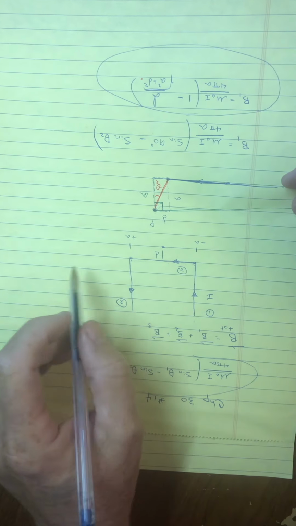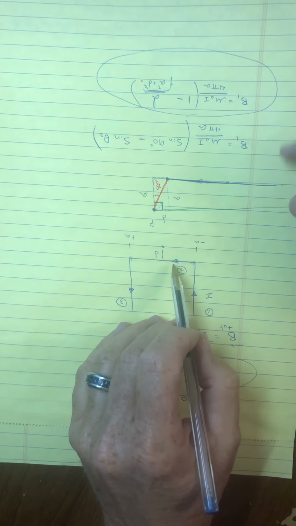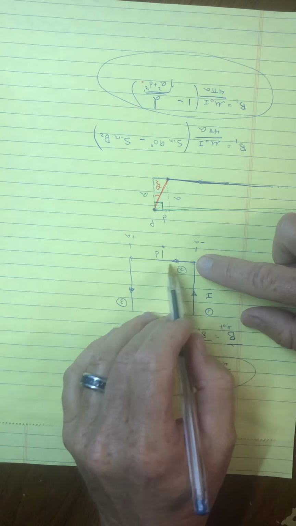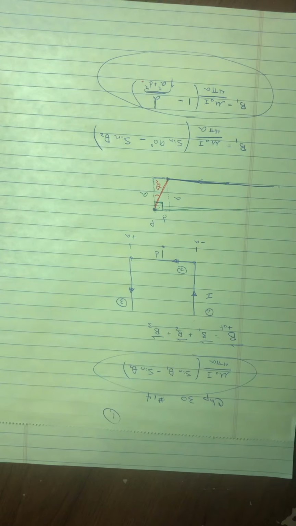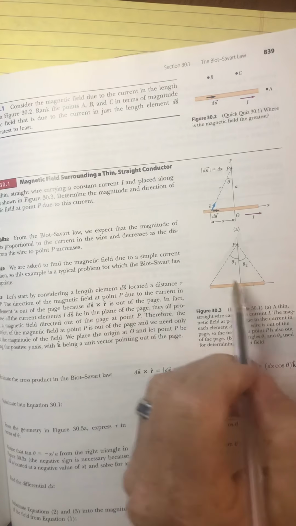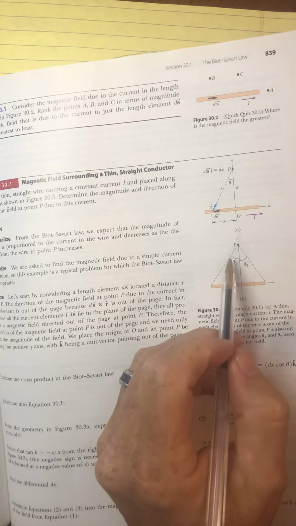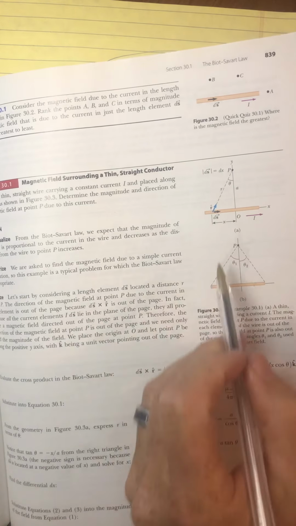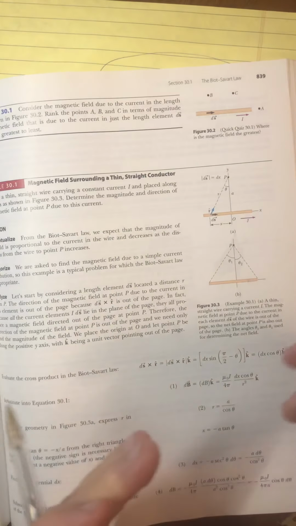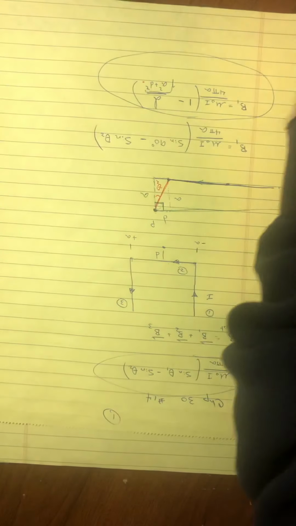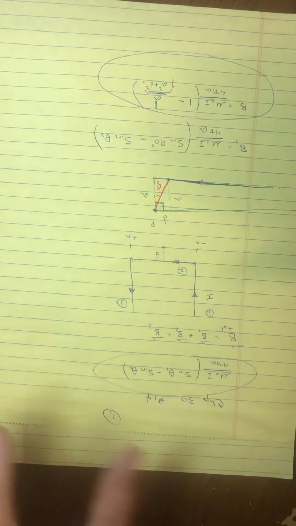So when it's like this, other than it's going in the wrong direction, it looks a lot like this straight wire. Again, I just have the current going the other way. And so as we can see from a cross product, and we'll figure it out, that's going to make a magnetic field pointing in the opposite direction, now that the current goes in the opposite direction. But let me leave that alone for just a moment.